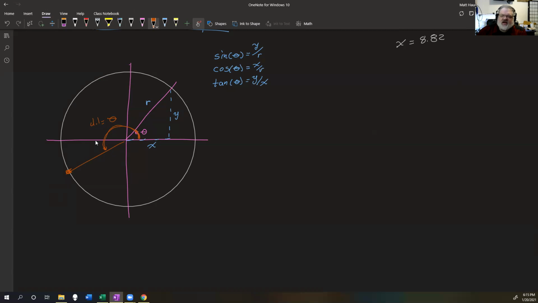There is no way to have a triangle with that angle in it. But does that intersection point have an X value and a Y value? Yes, it does. Does this circle still have a radius? Yes, it does.